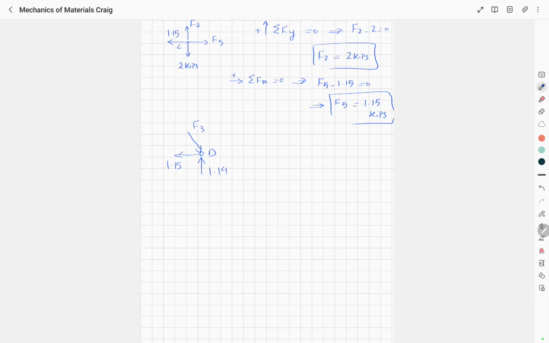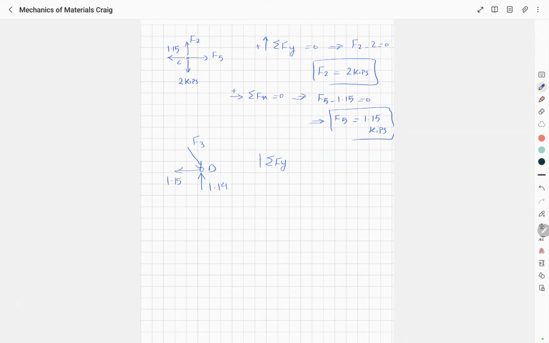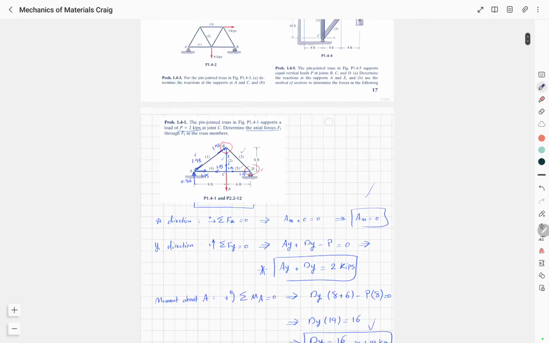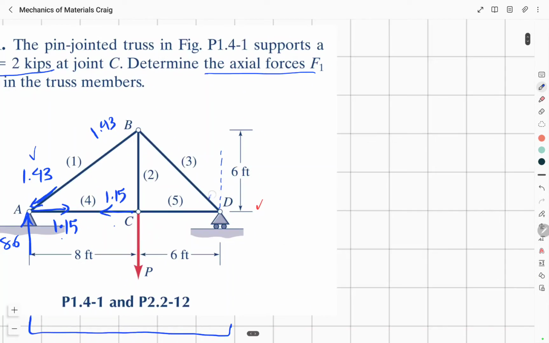Sigma Fy is equal to 0. So 1.14 minus F3 cosine of, this is beta, is equal to 0. And beta, we can show it here. This is our beta.